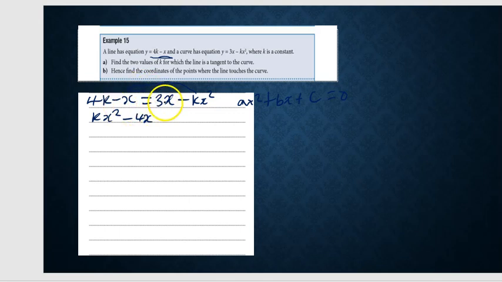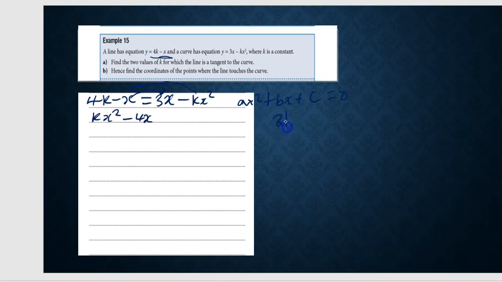Because if we take x, we have 3x and we have negative 1x. So that becomes negative 1 plus 3, or 3 plus negative 1. When you take the negative this side, it becomes positive.